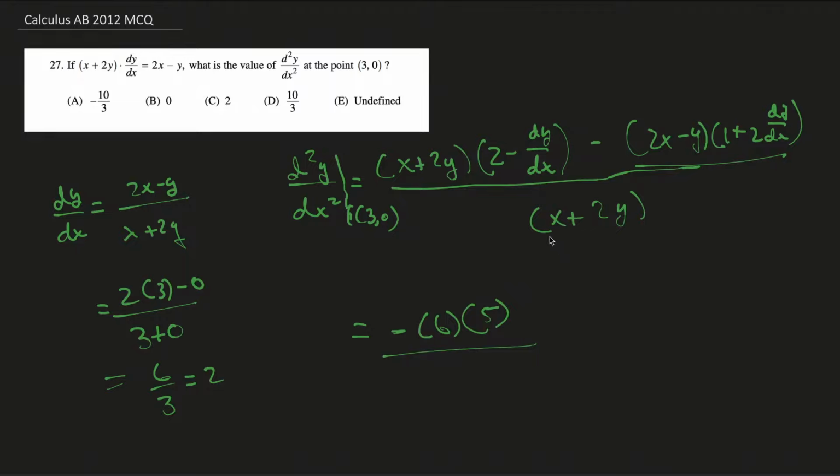It should be squared here. So this equals negative 30 over 9, or negative 10 over 3. So the answer would be A. All we did was take the second derivative and plug in the values that we need.